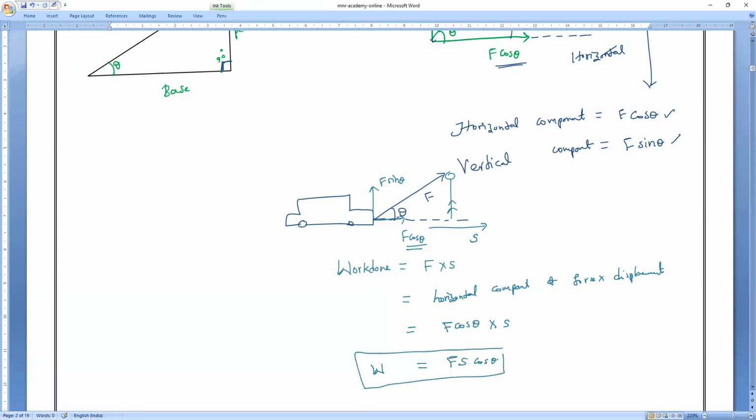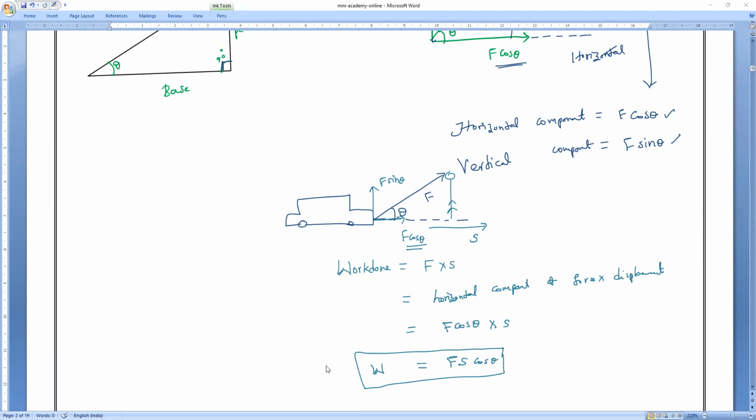This is the formula for calculating the amount of work done when the force is applied obliquely, or force acting at an angle with the horizontal. That is what we have to remember.